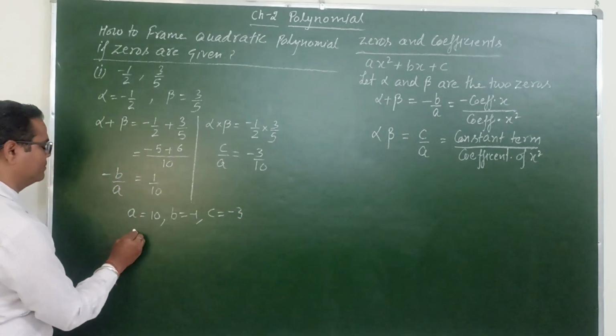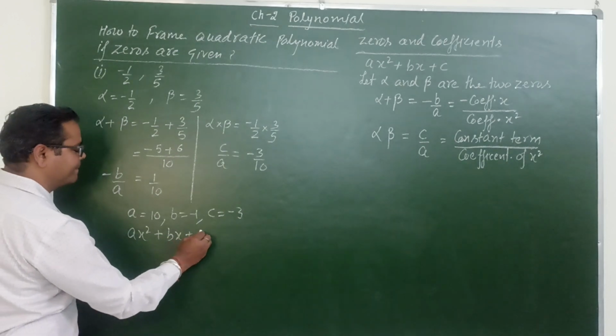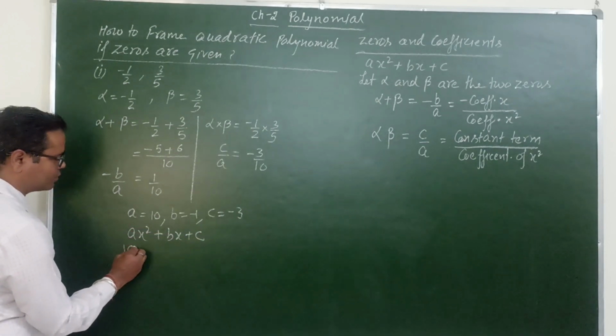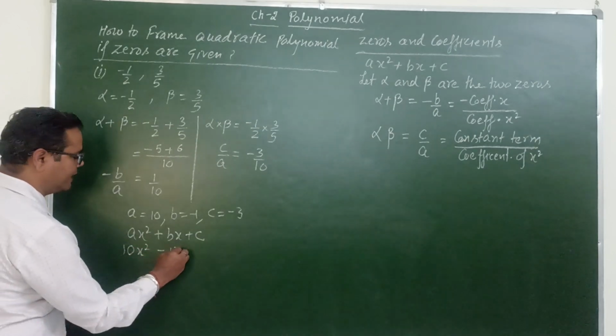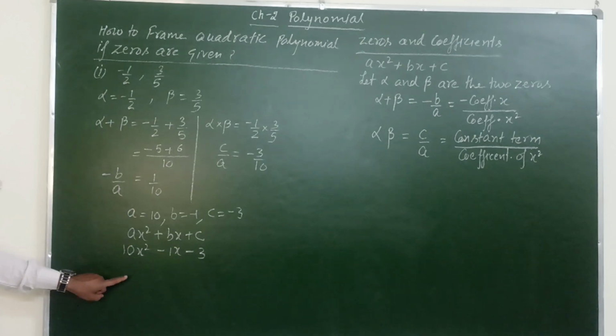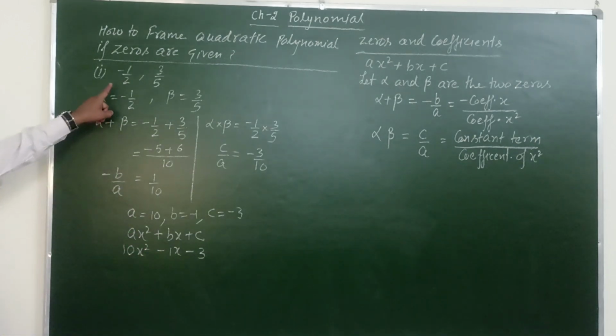What is the standard form? ax square plus bx plus c. Substitute the values of a, b and c here: 10x square minus 1x minus 3. This is the quadratic polynomial; when we factorize and find its zeros, these zeros will be minus 1 by 2 and 3 over 5.